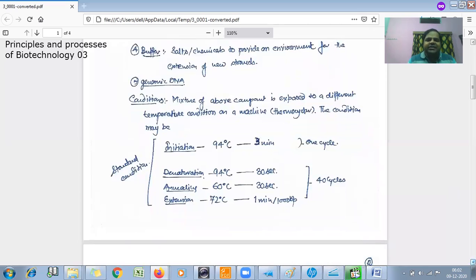One is initial denaturation. It means we will provide a high temperature, and it will be around 94 to 95 degrees centigrade for 3 minutes. And this initial denaturation we will provide for only one cycle, means we will provide 94 degrees centigrade for 3 minutes only to all the components.